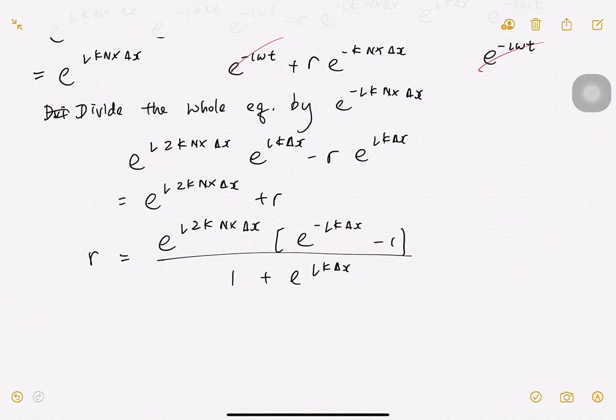Okay, so how do we explain this expression of R?